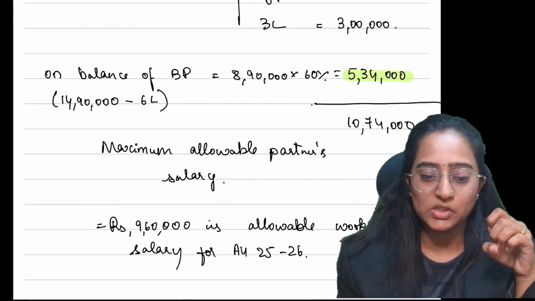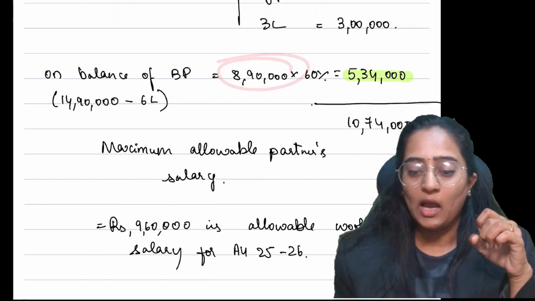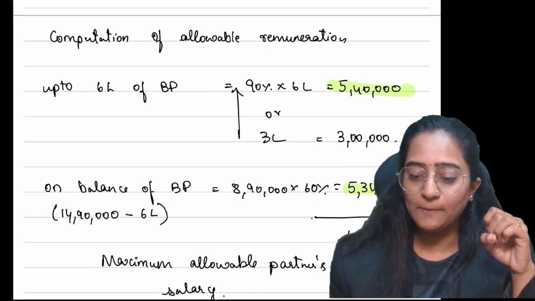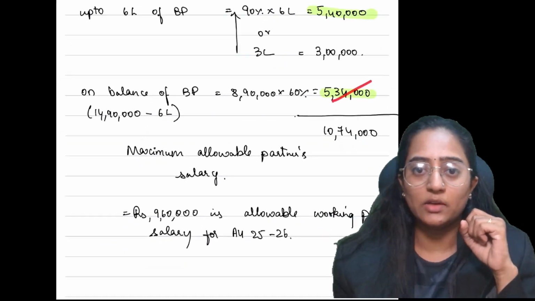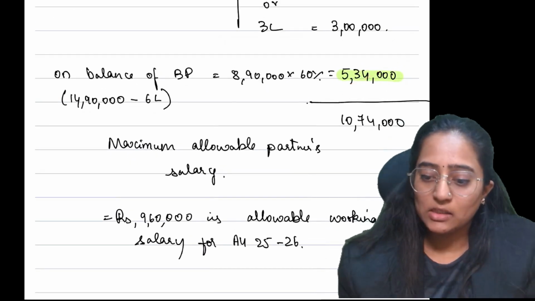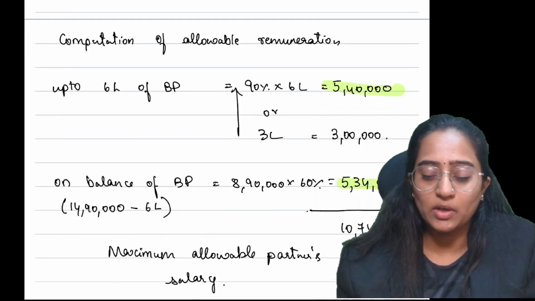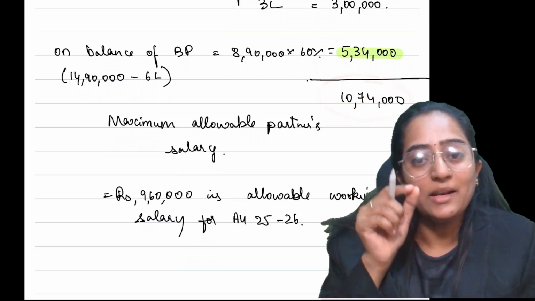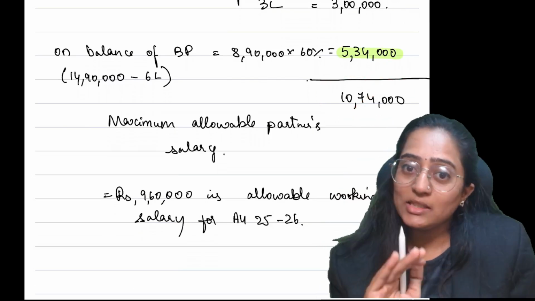Remaining is 8,90,000. Out of this 8,90,000, 60% of the book profit you are taking, which results in 5,34,000. We take the total over here. This is the allowable remuneration.